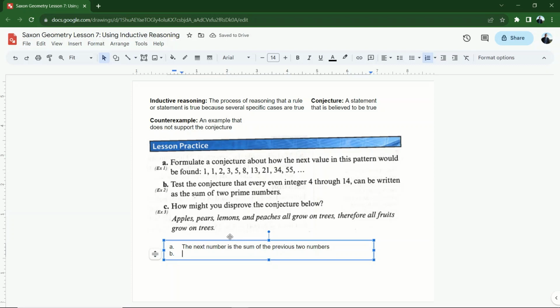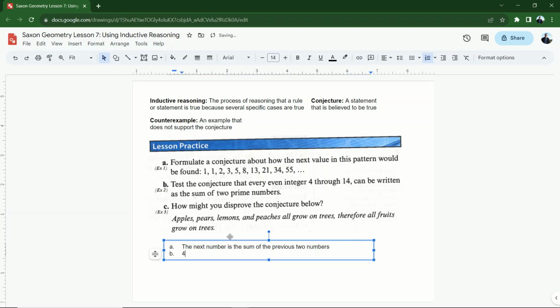Letter B: test the conjecture that every even integer 4 through 14 can be written as the sum of two prime numbers. Now I have a testable set of values, because I can test every even integer 4 through 14, no problem.